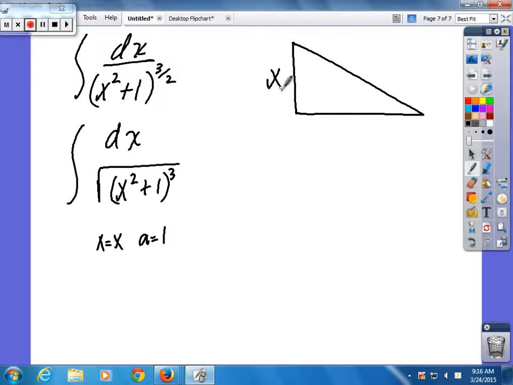So x over 1, and this is the square root of x squared plus 1. And to make life easier, we might want to put that 3 on the outside, like that.